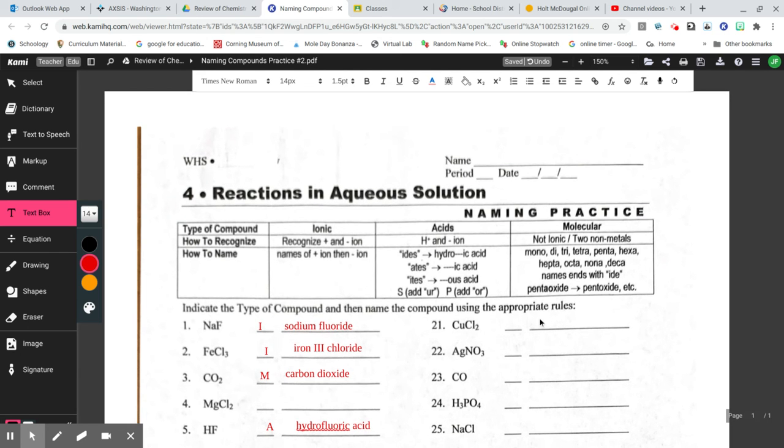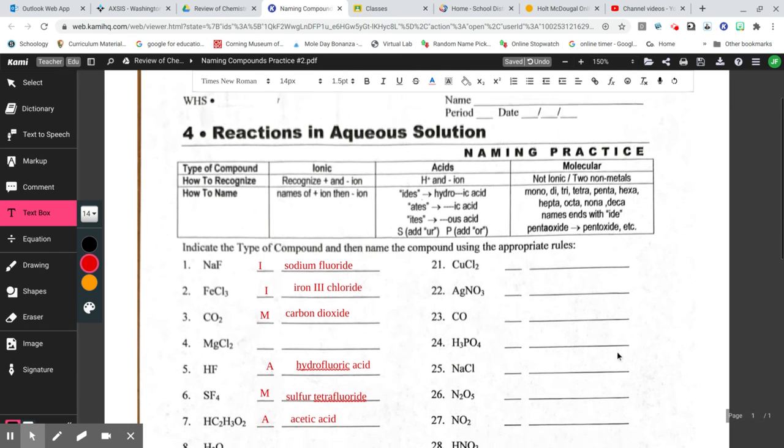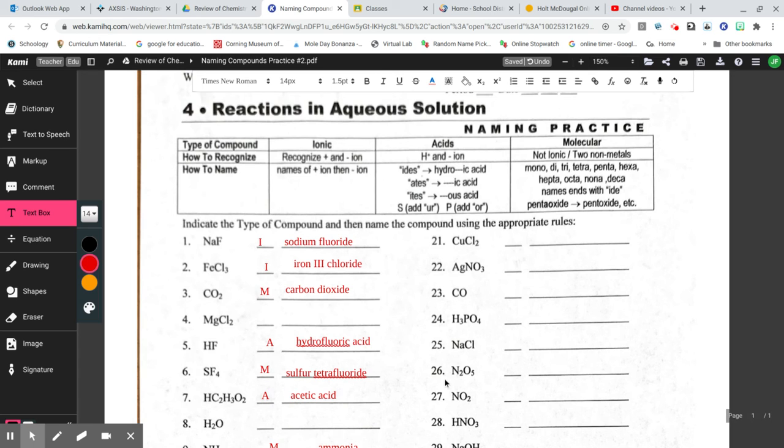I also wanted to look at this formula here, number 26, N2O5. So N2O5, we're working with two nonmetals. So this is going to be molecular. So put an M there for molecular.